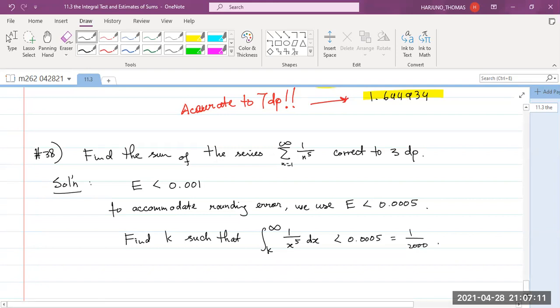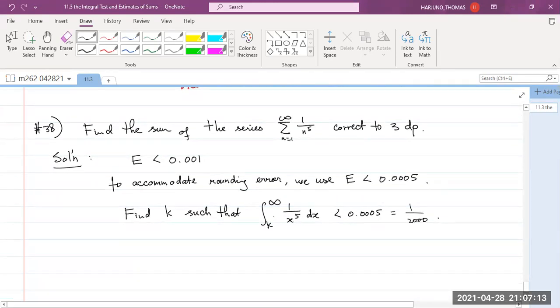Anyway, we integrate this. Let's just do it pretty fast. This will be negative 1/4, so it'll be 1 over 4k to the 4th. That is less than 1 over 2000. In other words, 2000 is less than 4k to the 4th.